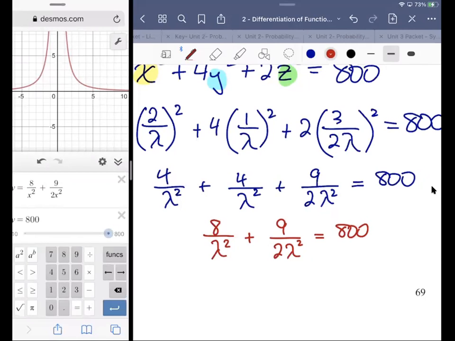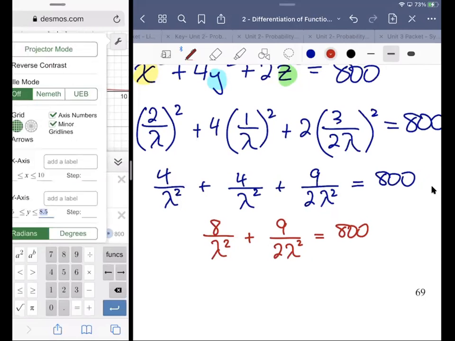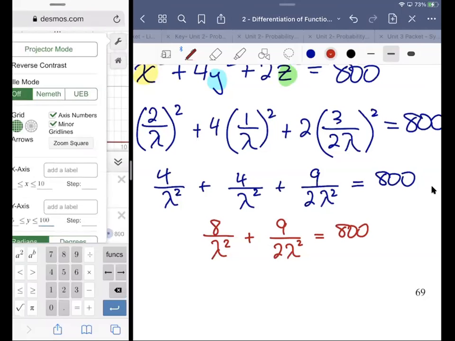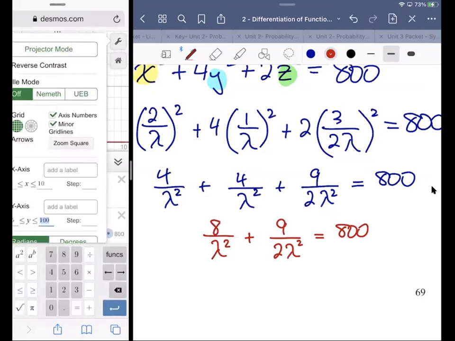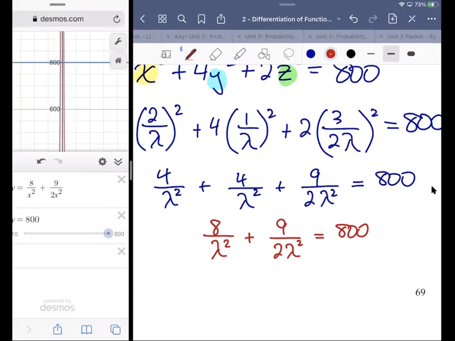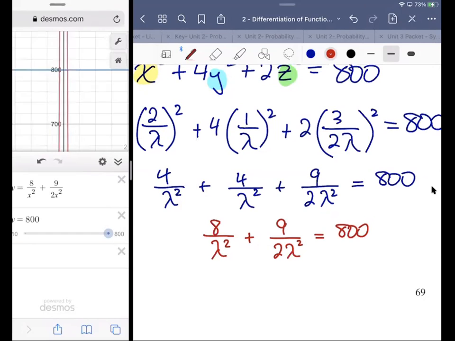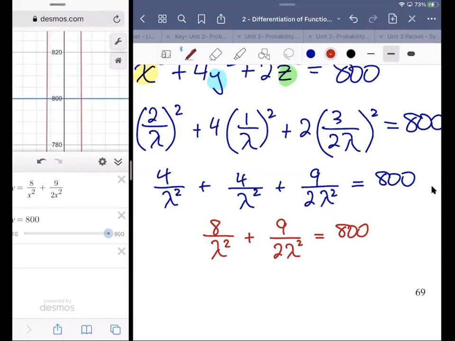Now it's 800 units up, so it's not the most user-friendly thing, but I can make my y-axis go to like 1,000. Look for that intersection or those intersections, and Desmos does a really nice job of highlighting those intersections for you.